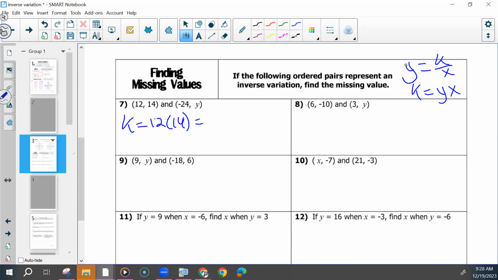So everyone should be on the single sheet of paper, not the packet. What did you get? Yes.